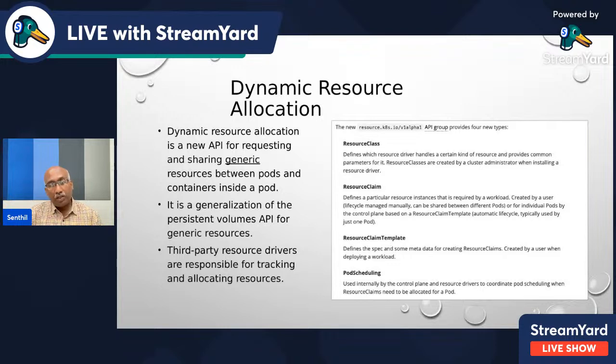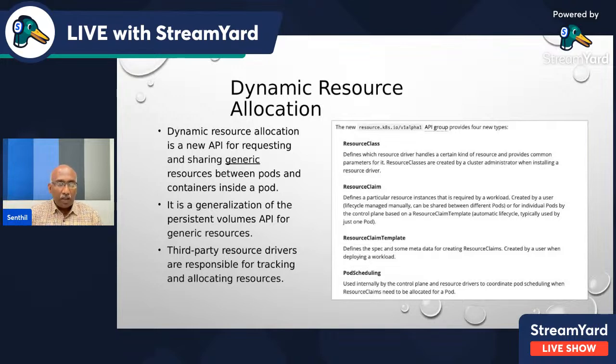And there are applications, for instance, machine learning applications, which have need for special resources. For instance, GPU. The GPU is a very common resource that you come across in machine learning environments, and FPGA is another type of hardware resource that might also be required for certain telco grade applications, right?